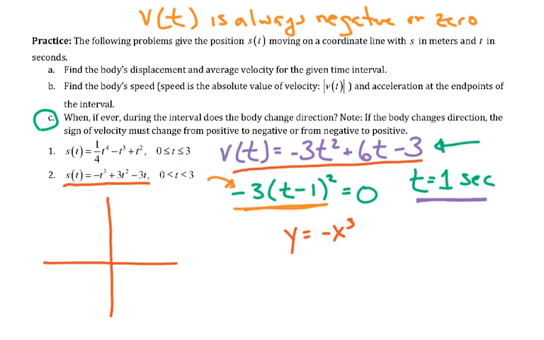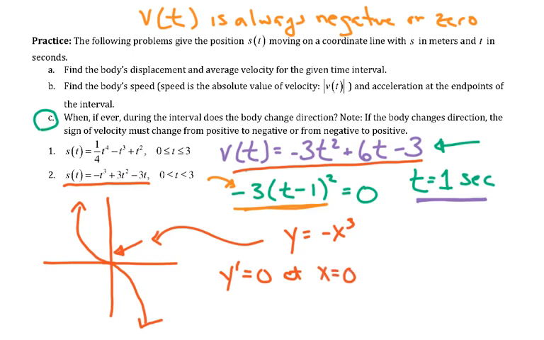And we could graph it, but I couldn't get logged on to Desmos. But if you remember what that function looks like, it does have a horizontal tangent. We're talking about this graph. So y prime equals 0 at x equals 0, but it doesn't change direction there.